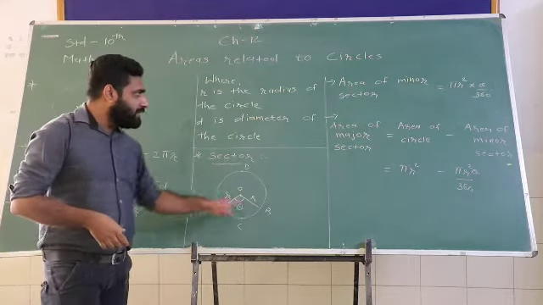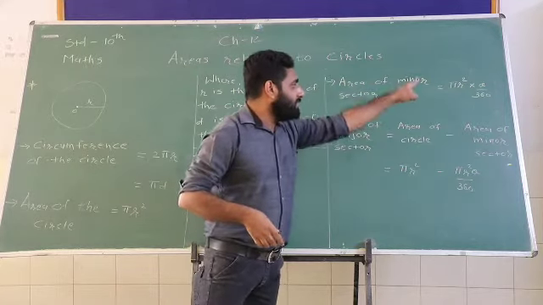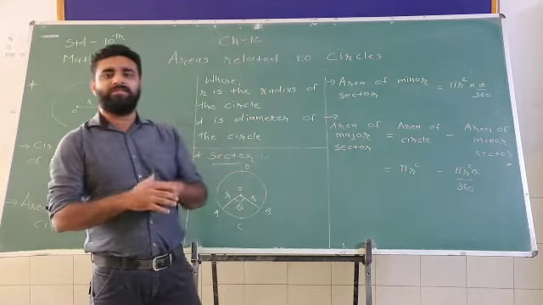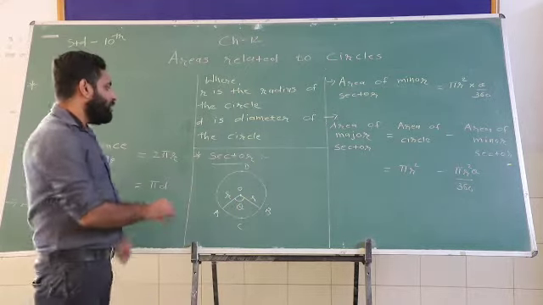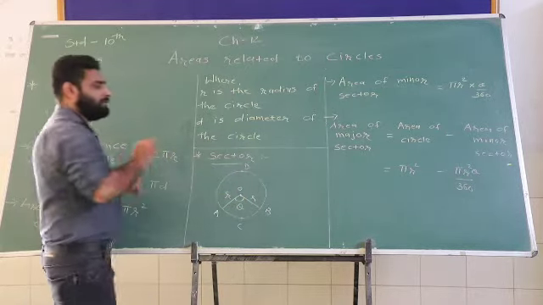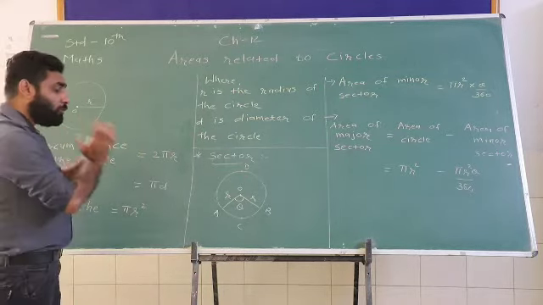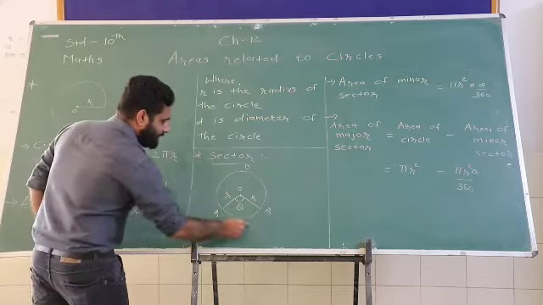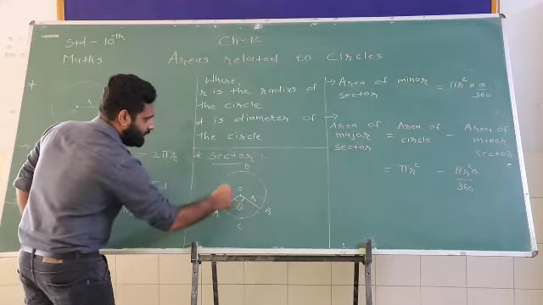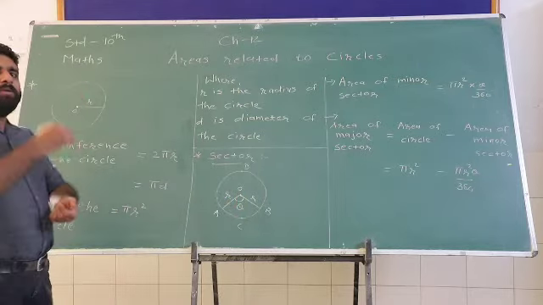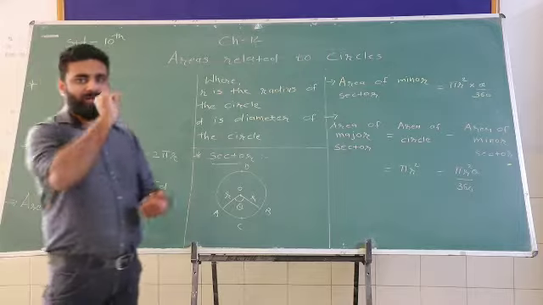Area of the circle is pi r square, and area of minor sector is pi r square theta by 360. So by doing this subtraction, you will get the area of the major sector. But remember, a sector is the combination of an arc and 2 radii. Minor arc, so it will be the minor sector. Major arc, so it will be the major sector.